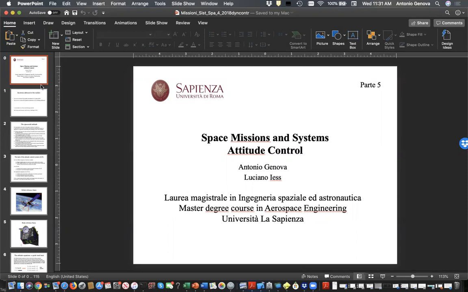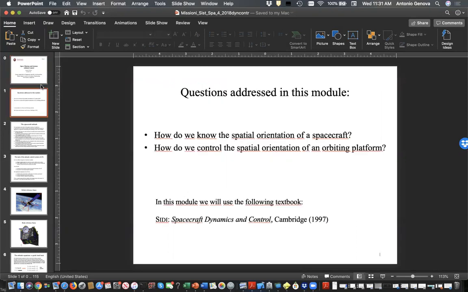But now what we need to do is to address the other important question that this module tries to answer. So far we were able to determine what are the sensors that we need for attitude determination and the algorithm that we can use to reconstruct the orientation of the spacecraft with respect to the inertial reference frame, or, for example, the orbital reference frame.